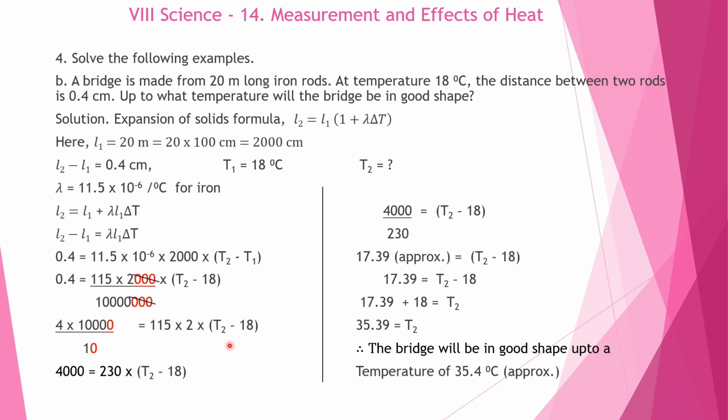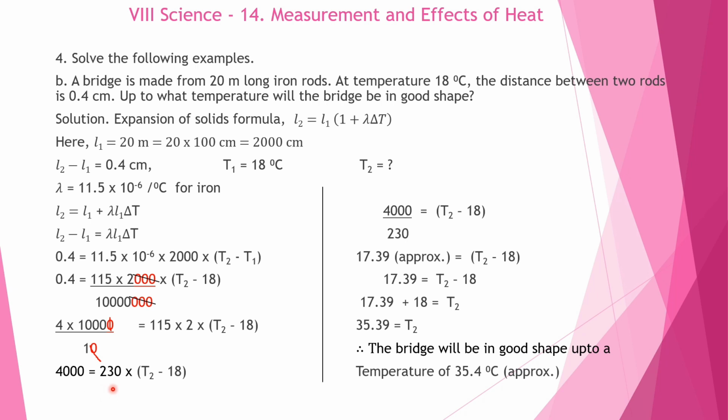T1 was 18. So this 0 and this 0, children, are getting cancelled this way. This 0 and this 0 get cancelled. 4000 is equal to 115 into 2 is 230. 230 into T2 minus 18.